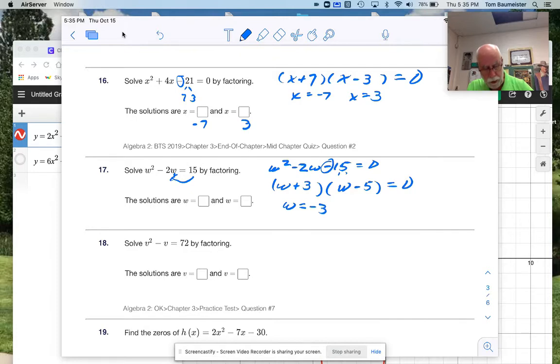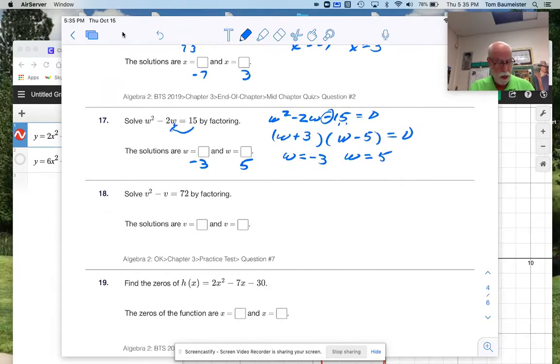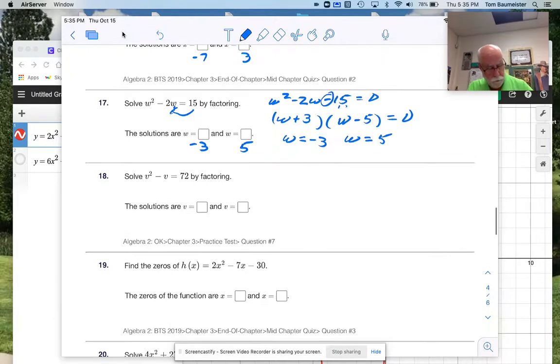So it's negative 3, because negative 3 plus 3 equals 0, ladies and gentlemen. And then I have positive 5. So again, I'm going to put negative 3 and positive 5. On these ones here, it doesn't matter which order you put it in. Okay. Number 18. Okay, we're going to do what we just did up above.